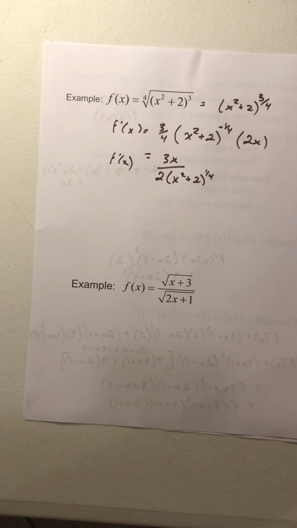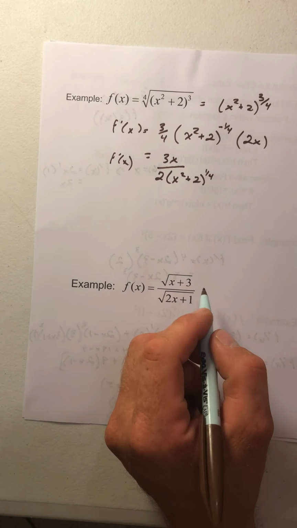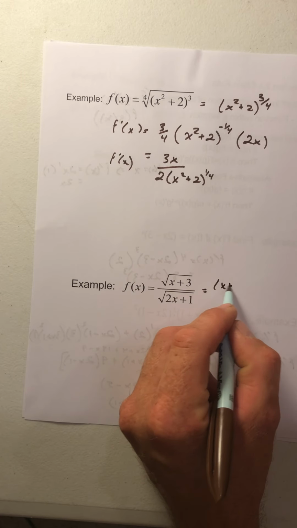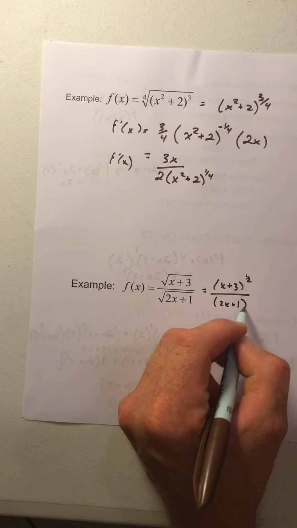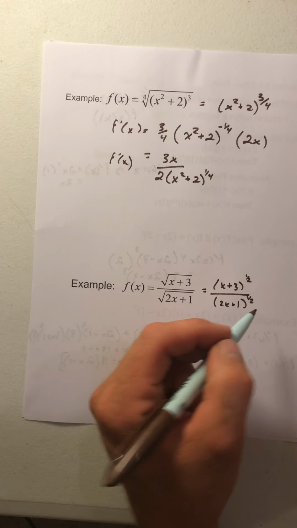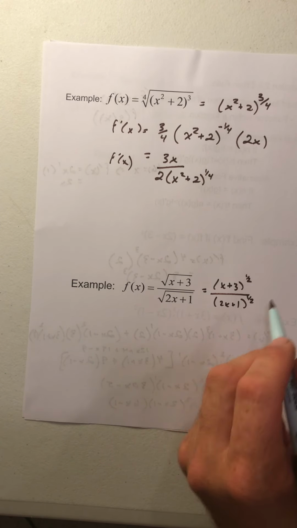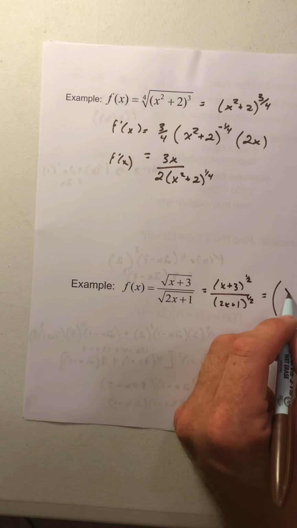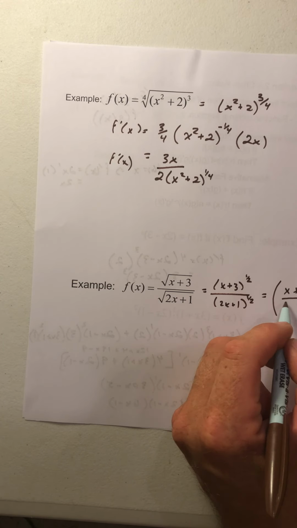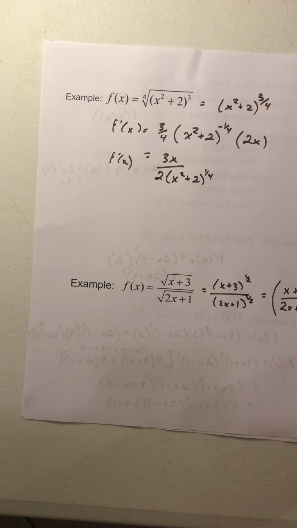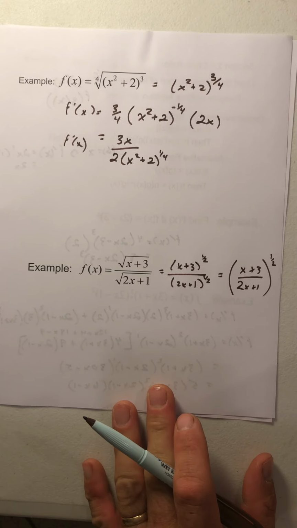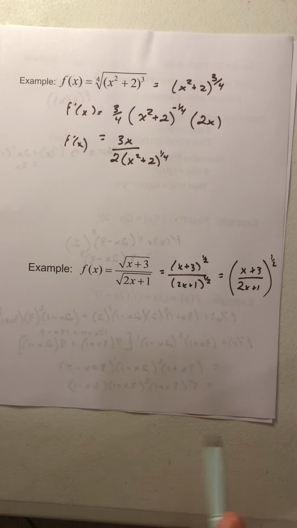In our example here, we have 2 radicals. Again, I'm going to change those to fractional exponents. And actually with this one, notice our 2 exponents are the same, so we could write this as one big quantity: ((x + 3)/(2x + 1))^(1/2).